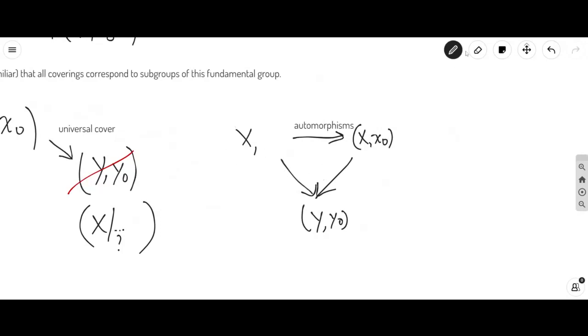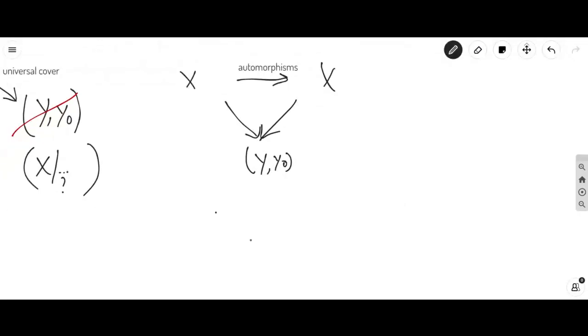Actually, let me remove this. You're going to consider automorphisms from X to itself that make this diagram commute. And these are called the deck transformations.